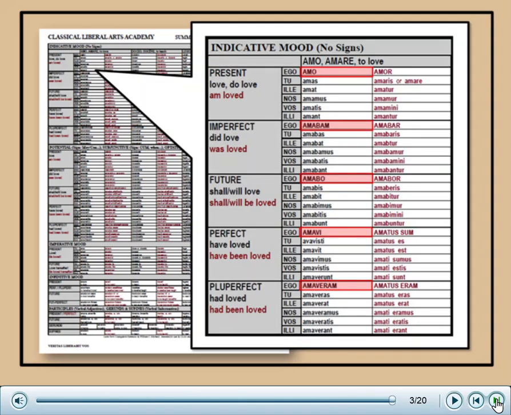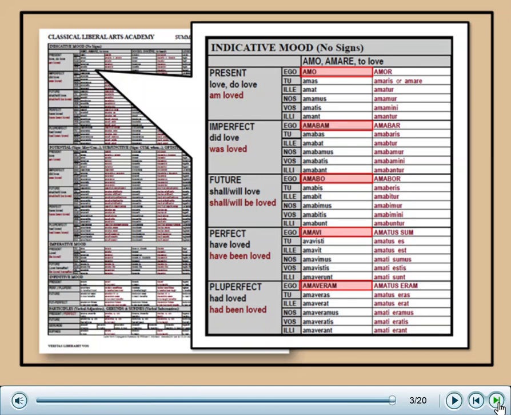The first set of forms we're going to learn are the first person forms of the indicative mood for each tense. You can see them here highlighted in red. Take a moment and find this box on your Latin verb summary chart.